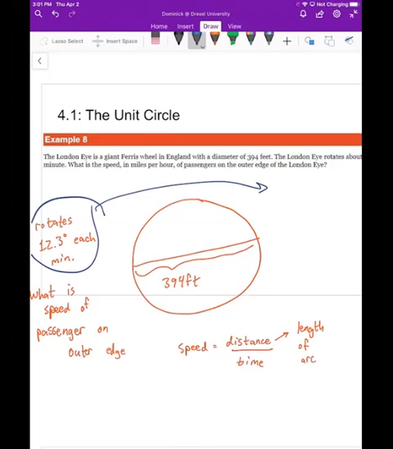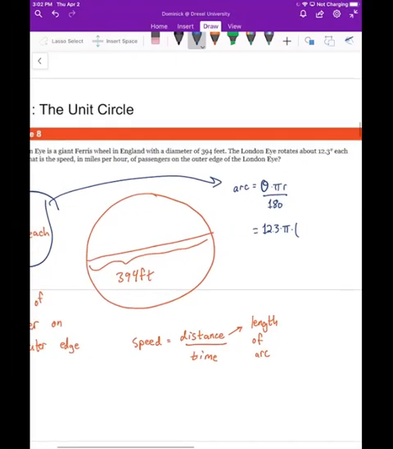So in feet per minute, this is just the length of the arc. So this is theta times pi times r over 180. So our theta is 12.3 times pi. Now our r is not 394 because that's our diameter. Our radius is half of that. So half of 394 would be, I believe, 197.